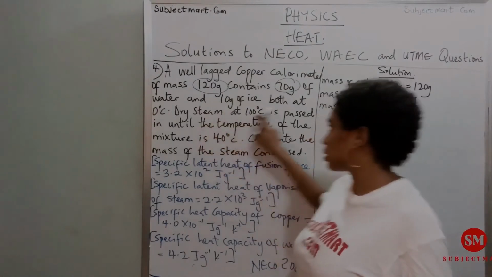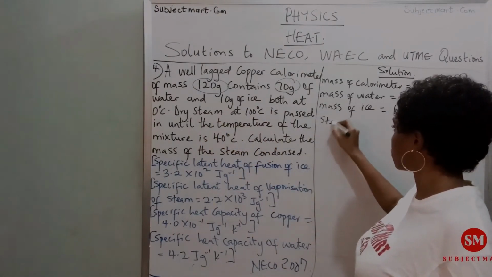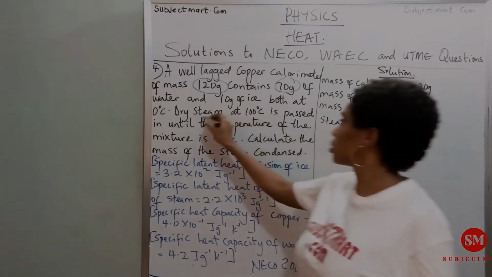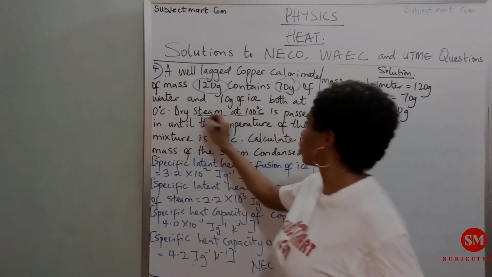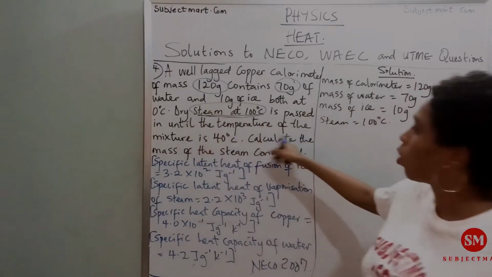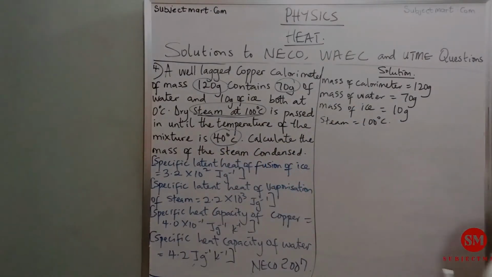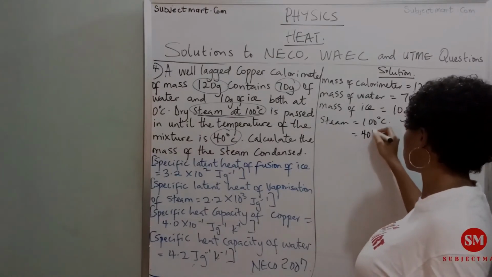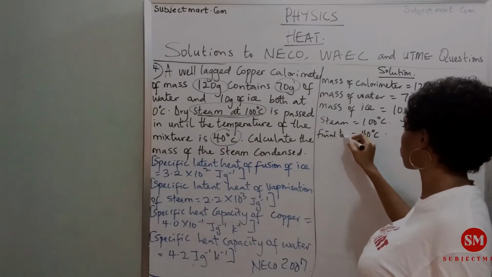Dry steam at 100 degrees C. The temperature of the steam is 100 degrees C. It's passed until the temperature of the mixture is 40 degrees C. That's the final steady temperature, which is equal to 40 degrees C, the final temperature.